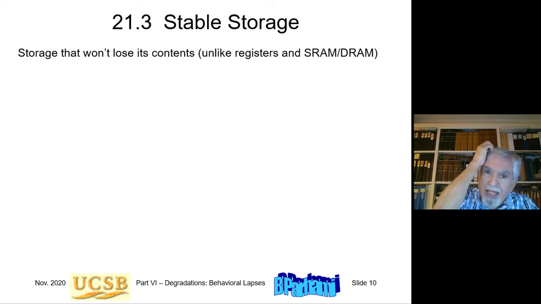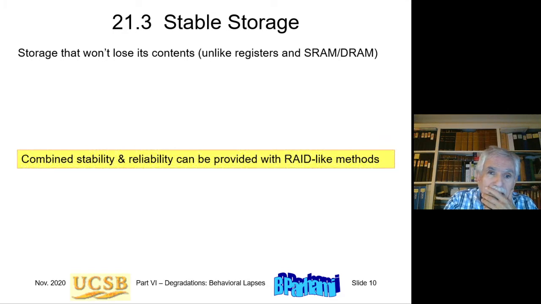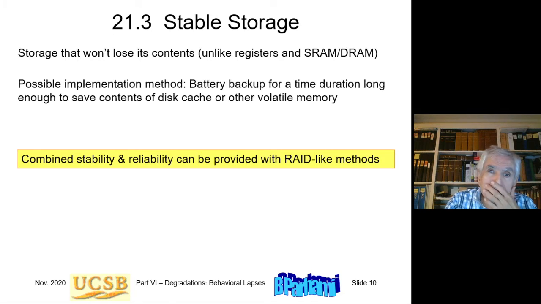So for example, flash memory is an example of stable, sometimes called non-volatile storage. Okay, combined stability and reliability can be provided with RAID-like methods. So RAID provides both stability because it's basically magnetic disk memory and reliability through coding techniques.